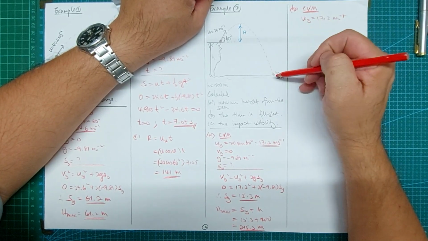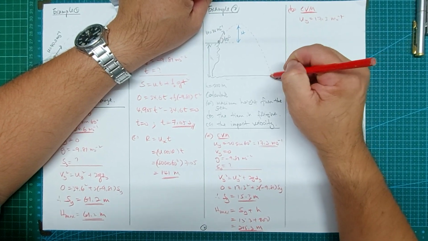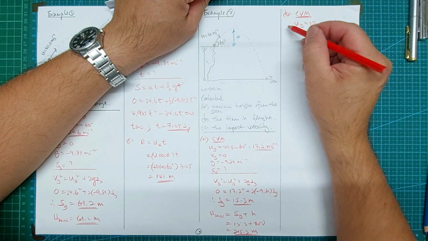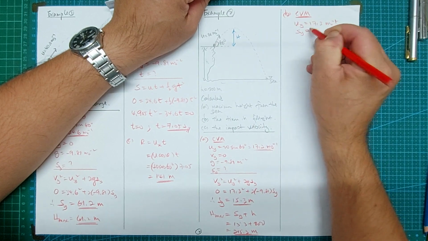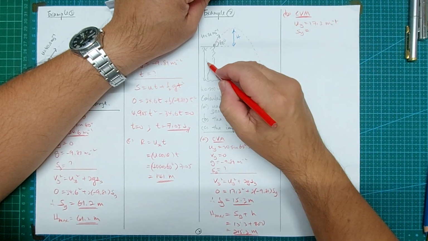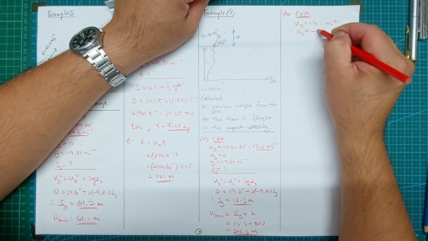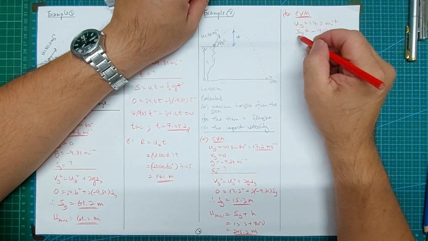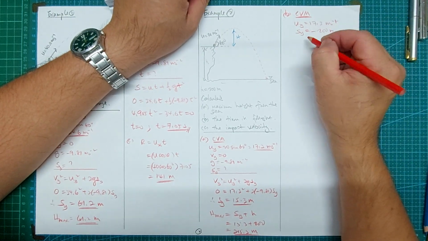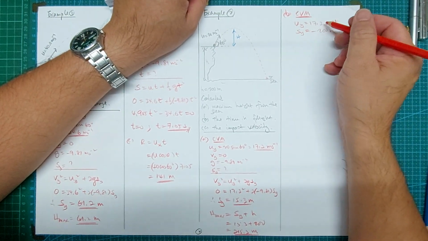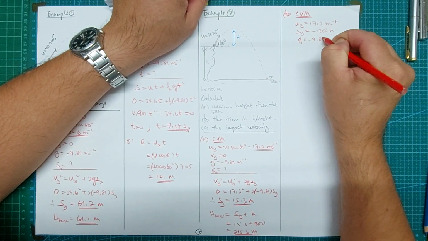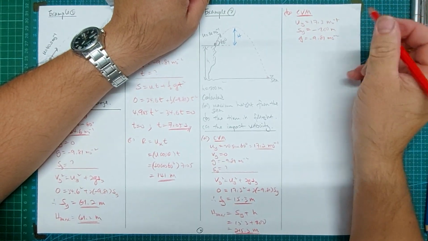So you see the impact point is here. The impact point is below the launching point, so it has a displacement of negative h, so negative 200 meter. Remember, displacement is a vector. And we have one more thing, the g, negative 9.81 meter per second squared.